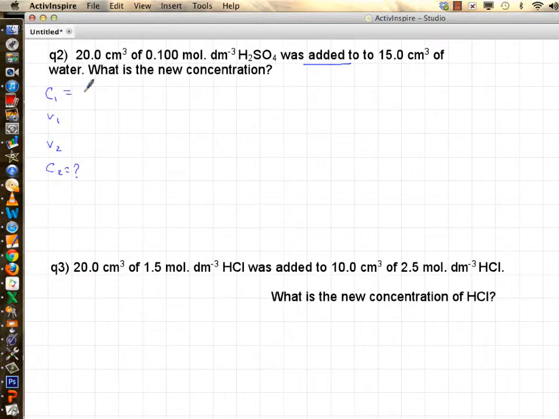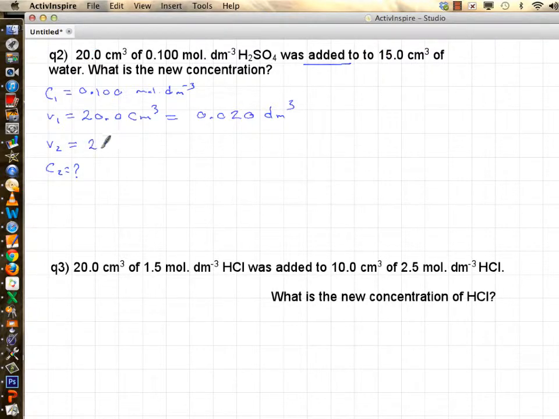C1 is simply 0.100 mole per decimeter cube. Volume 1, before you added water to it, was 20 cm cube. You can convert it to decimeter cube by 3 decimal places to the left, so it's 0.02 decimeter cube. Now the new volume is not 15, it's rather 15 added to 20.